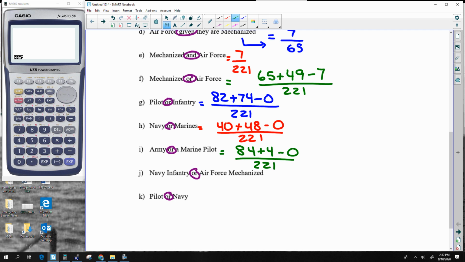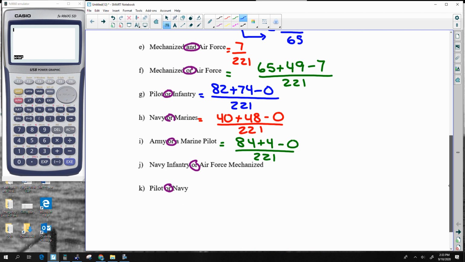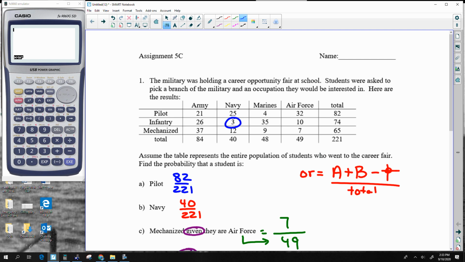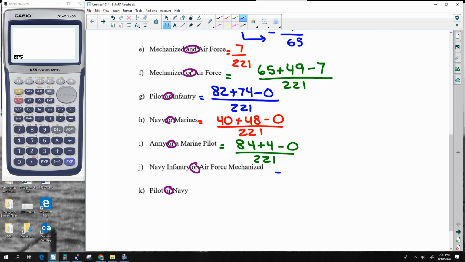Next we have Navy infantry. I guess those are Navy SEALs or something like that. Navy infantry, very specifically that. Or Air Force mechanized, and again, it's very specifically that particular cell. And they obviously don't intersect, so it's 3 and 7, and no intersections.